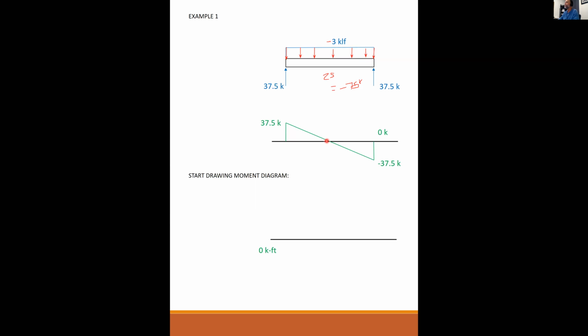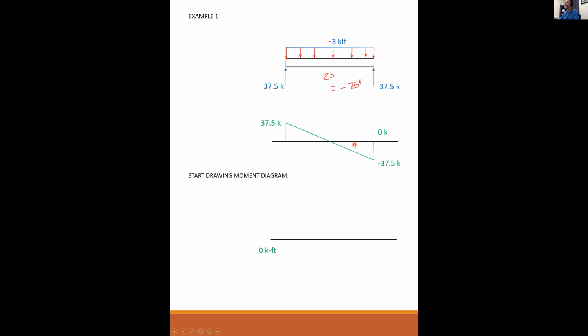I've got more shear that would cause it to grow even more. But if I look over here someplace, then I've got all this positive shear minus some of this negative shear, so this can't be the maximum because it's going to drop somewhat. So it has to be right here where you have collected all the positive shear, but you haven't started going back down yet.